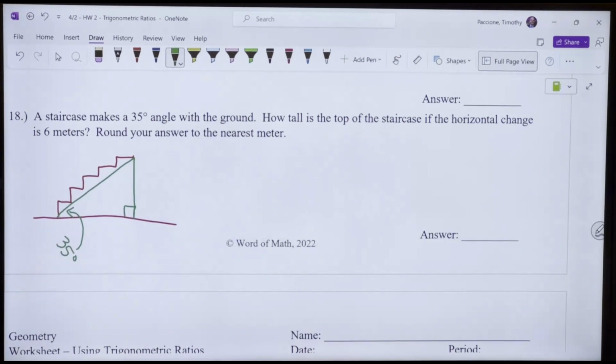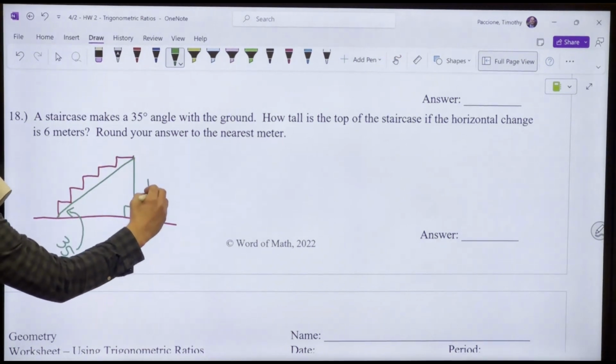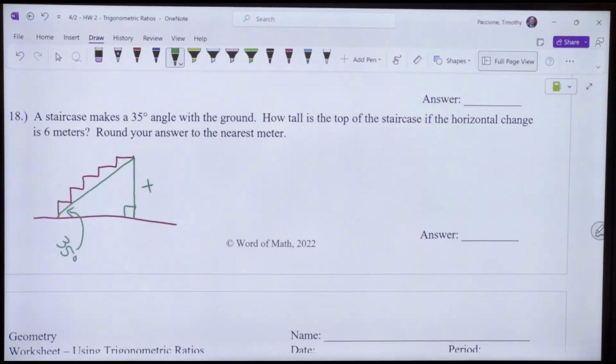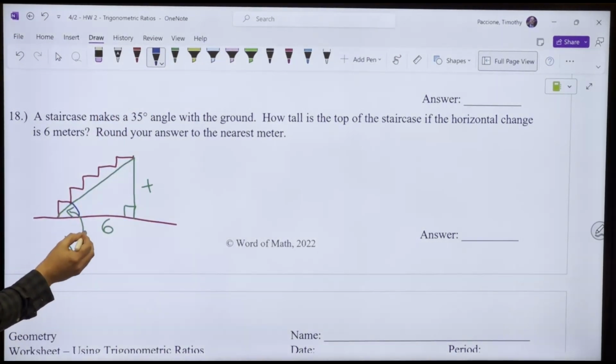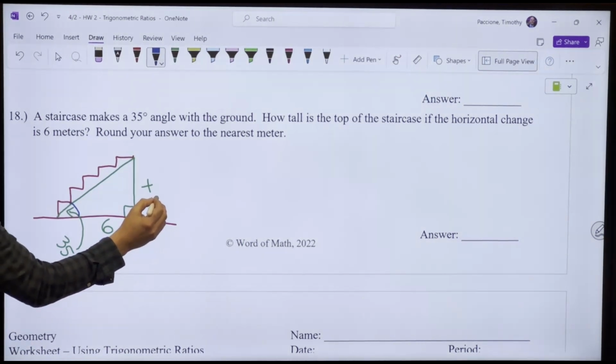It also says how tall is the top of the staircase. This is the tallness, so that would be x. And it says if the horizontal change is 6 meters, which way is horizontal? Yeah, so this has to be 6. Right? And now I have it just like the other problems. Okay? I'm dealing with, if this is my angle, this is what compared to it? A. And this is what compared to it?